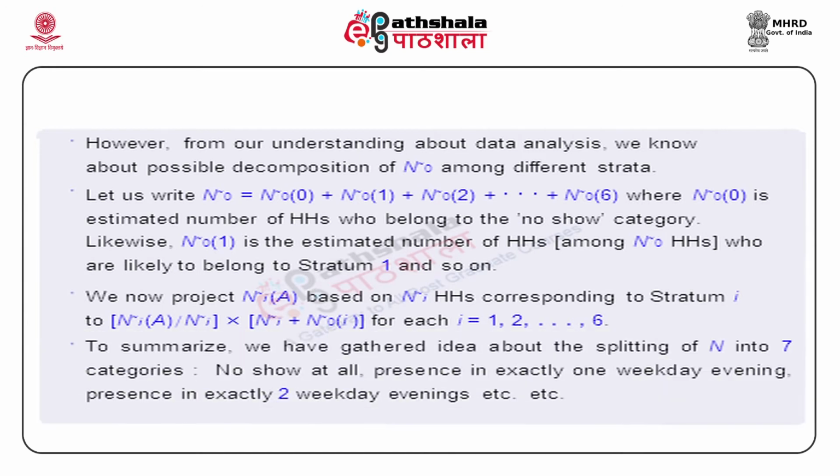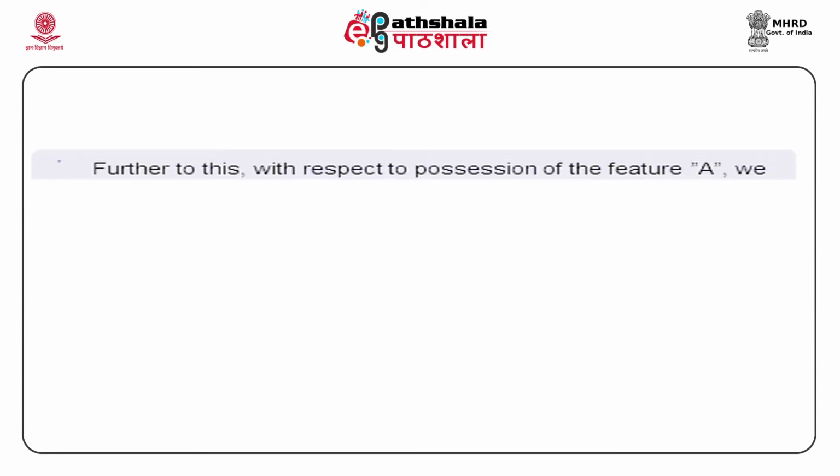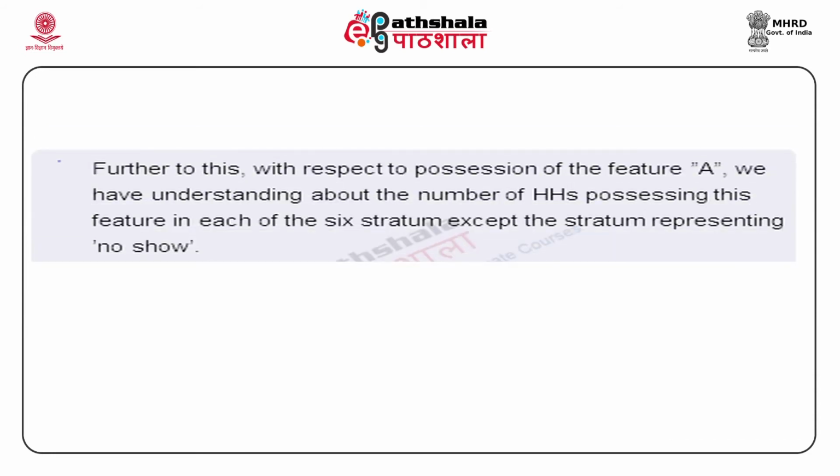To summarize, we have gathered an idea about the splitting of capital N into 7 categories: no show at all, presence in exactly 1 weekday evening, exactly 2 weekday evenings and so on. Further to this, with respect to possession of the feature, we have understanding about the number of households possessing this feature in each of the 6 strata, except the stratum representing no show.